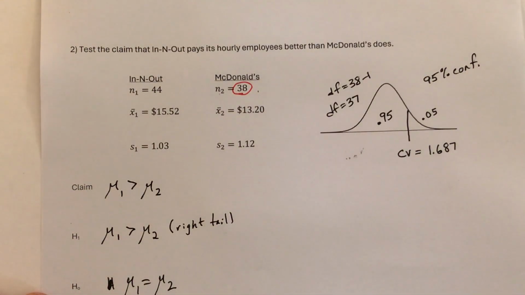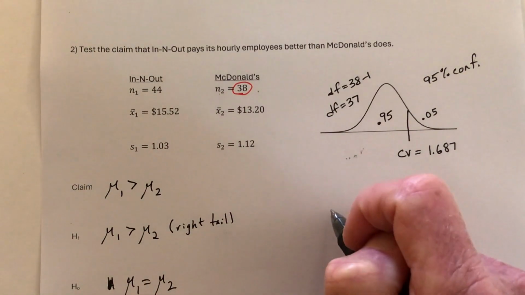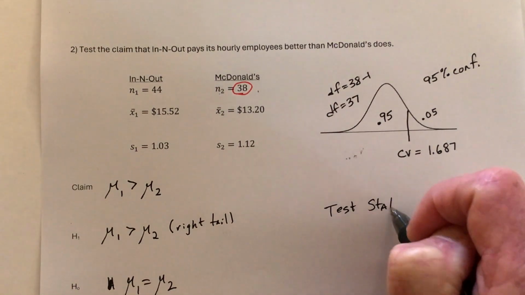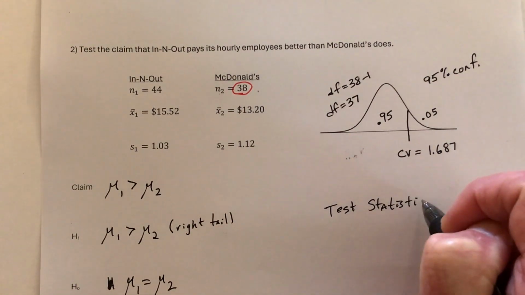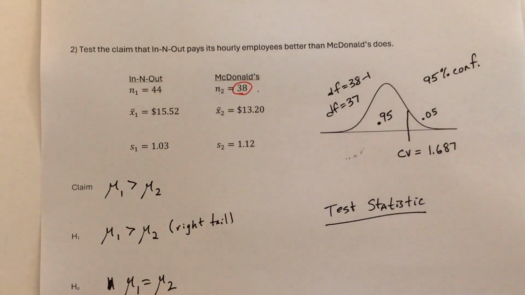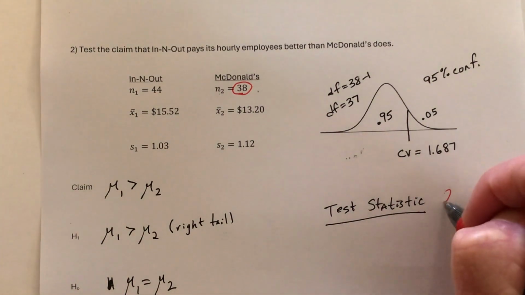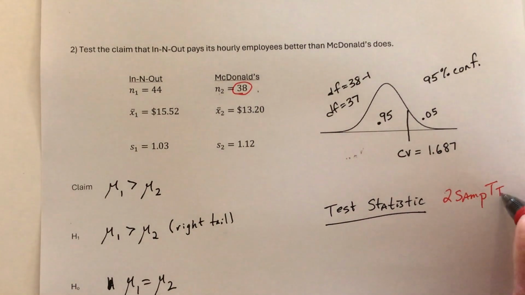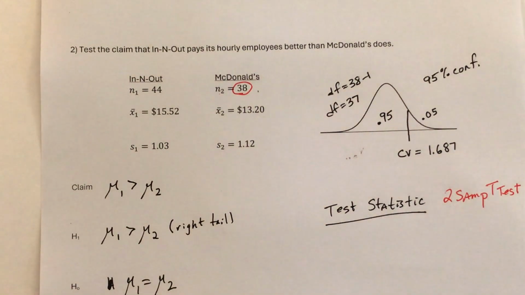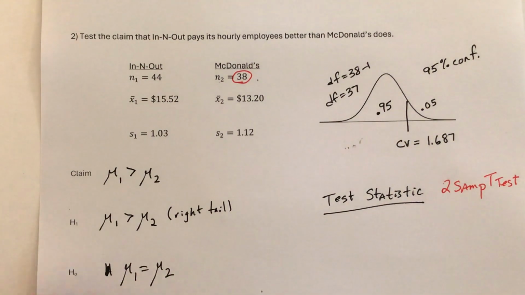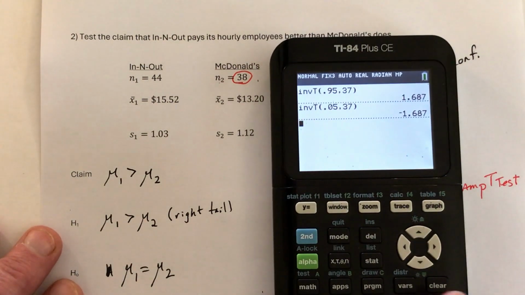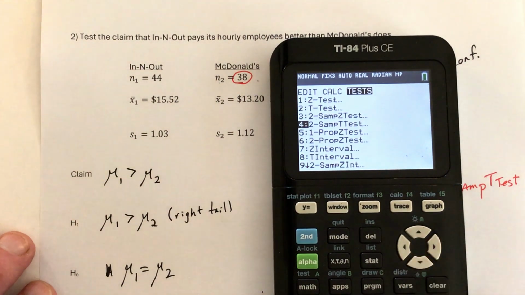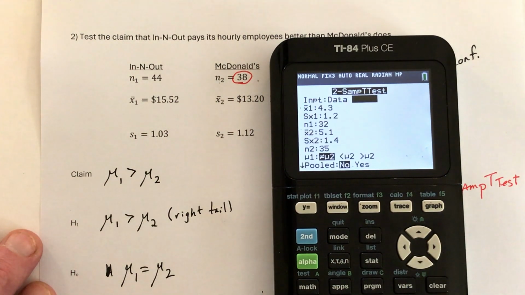All right, now we're ready to do the test statistic. And just as a reminder, that's going to be the 2-sample t-test. So go to stat, over to test, do the 2-sample t-test.